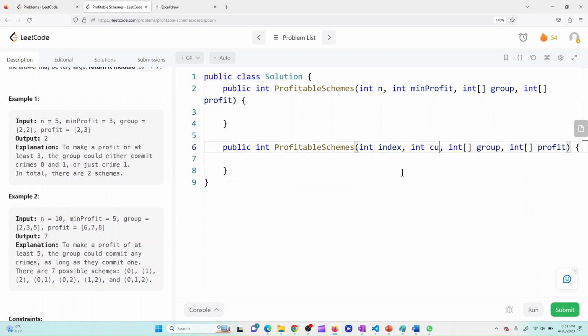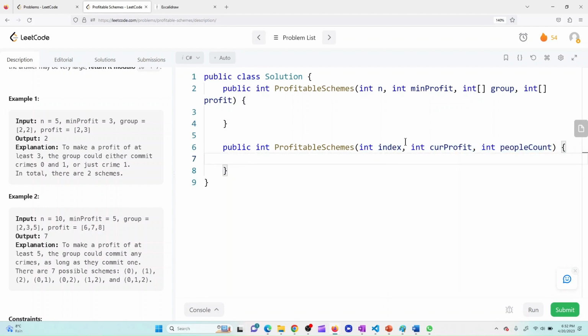Then what is my current profit that I have made, and the number of people that have been involved in the crime, because these are the 3 restrictions we have in this function.